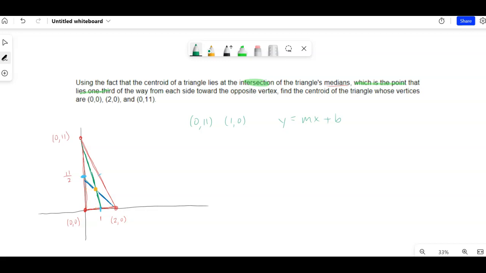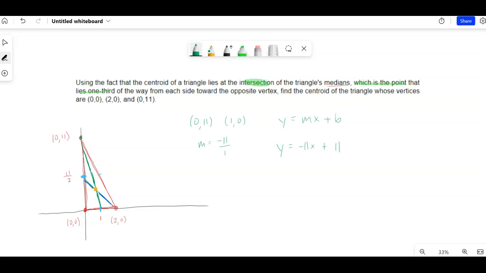I went down 11 and right 1, so m is negative 11. And b is the y-intercept, which is 11. So this is y equals negative 11x plus 11. We're starting at 11, going down 11, right 1. That is the equation of that line.